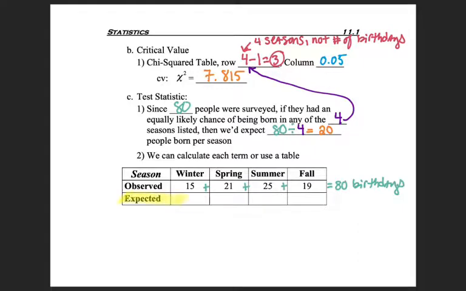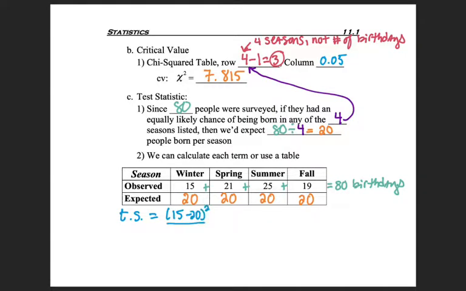So we're expecting that if this was a uniform distribution and we sampled 80 people, 20 would have been born in the winter, 20 in the spring, 20 in the summer, 20 in the fall. I keep saying 80, but it's 20. Sorry. So now I can go ahead and work on finding the test statistic.